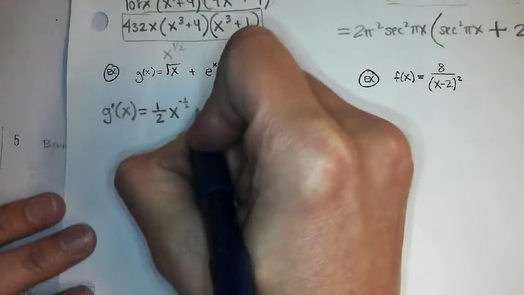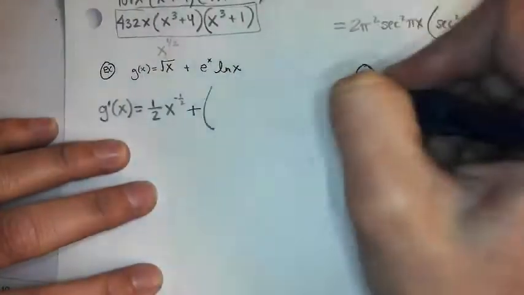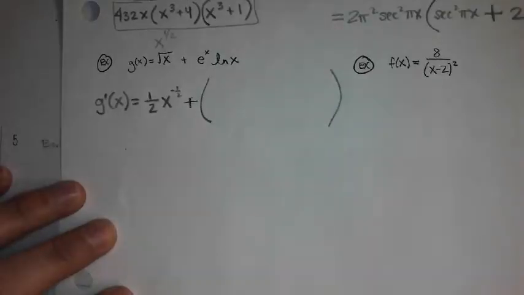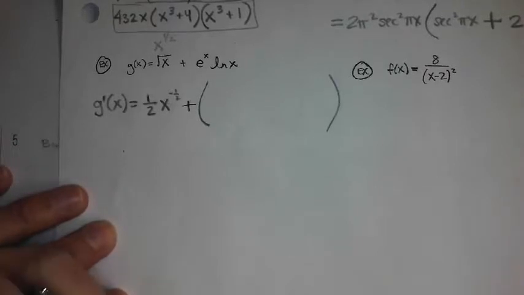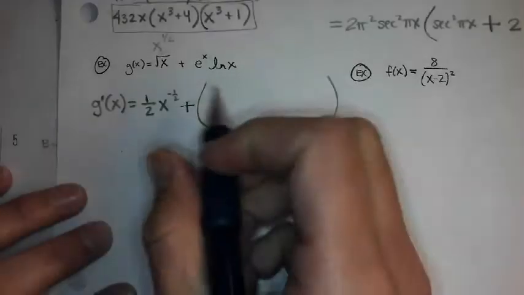On the second term, what do we have? Second term, we have a product. So, big fat set of parentheses to help you organize it. If it's the natural log of e to the something, then they'll cancel. Or if it's e to the ln of something, then that will cancel. But this is a product.